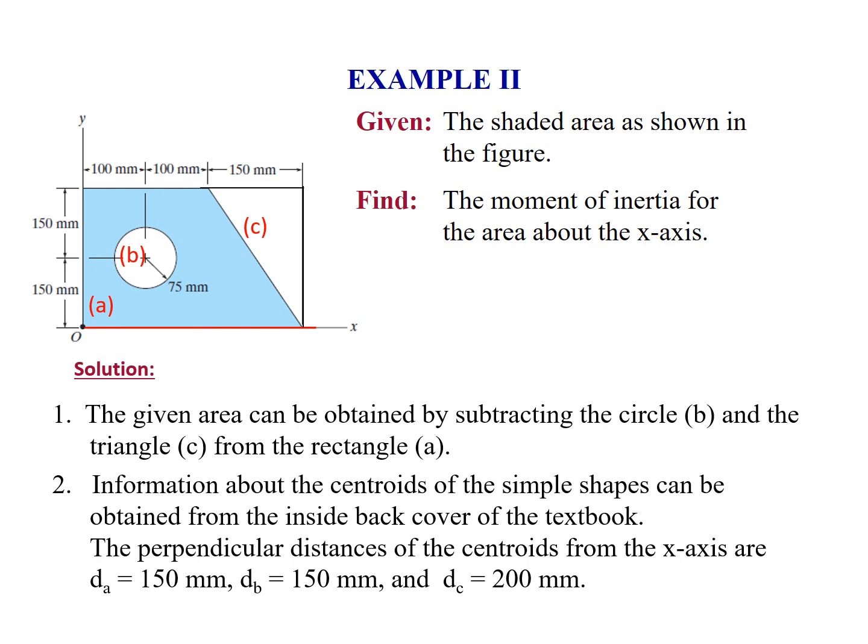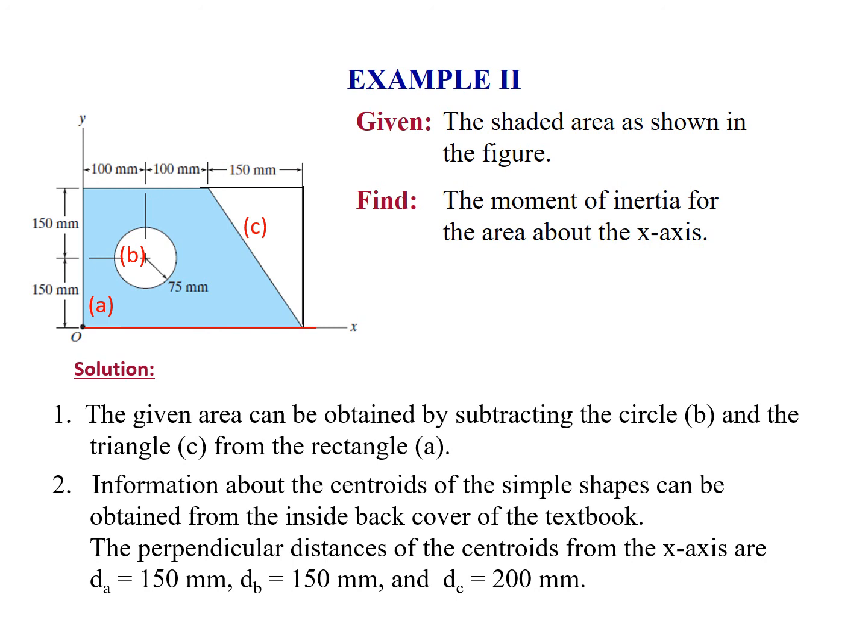If we take the whole rectangle minus a triangular slice labeled C and the circular hole at B, those three areas make up the whole composite cross section.